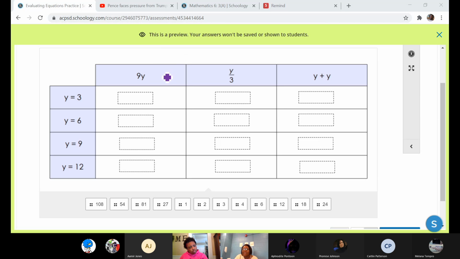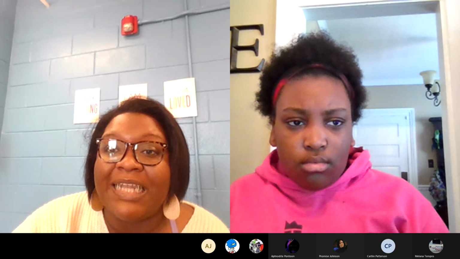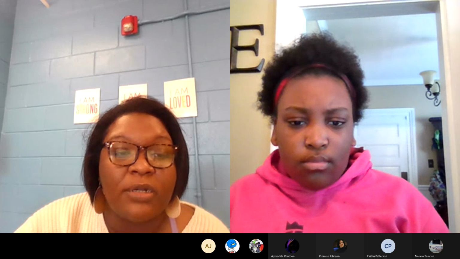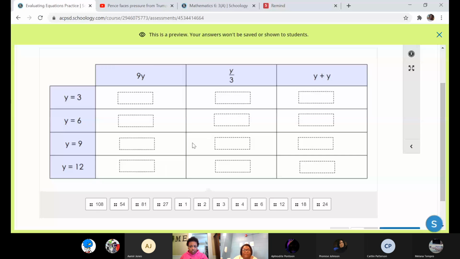And can someone please tell me what is 9 times 3? 27. So 27 would be my answer there. You're going to be doing that today as you work with this chart, and all of them will have different values. What about if y equals 6? What about if y equals 9?